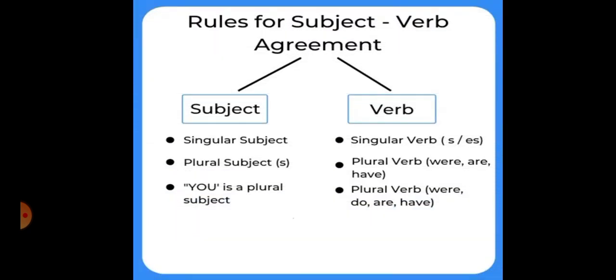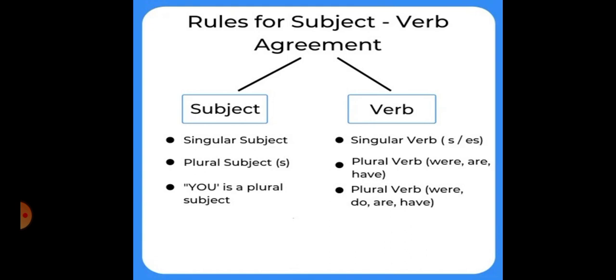Rules for subject-verb agreement. If our subject is singular, we will take a singular verb with that. That means, along with the verb in the sentence, if it is written in simple present tense, s or es would be added. A plural subject means the word or noun to which s is added to make it plural.